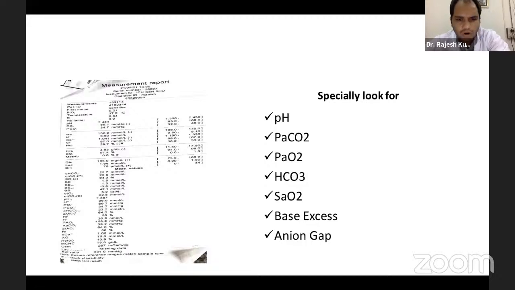If you want to go into detail you can, but go with the basics initially. Especially don't miss these 1, 2, 3, 4, 5, 6, 7 points: pH, PO2, PCO2, bicarb, saturation SpO2, base excess, and anion gap.